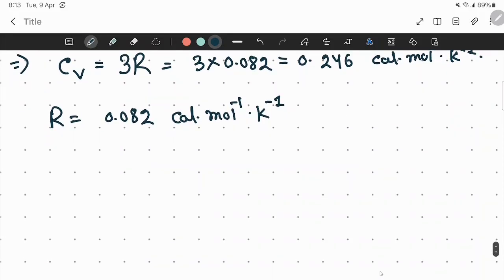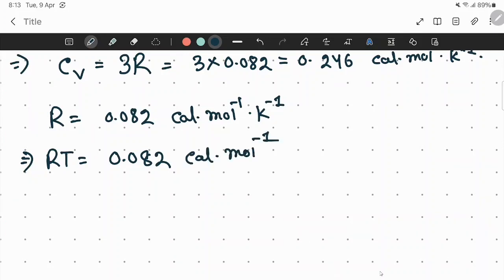That might be important. So this is R, right? So you can write RT is eventually 0.082 calorie mole inverse into T Kelvin. You don't know T, so T will be there. So this is our unit.